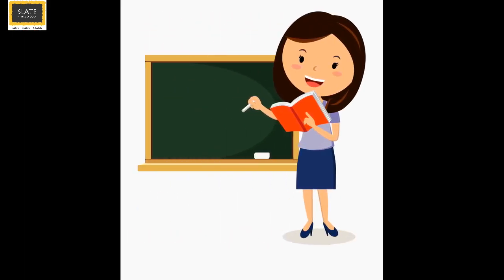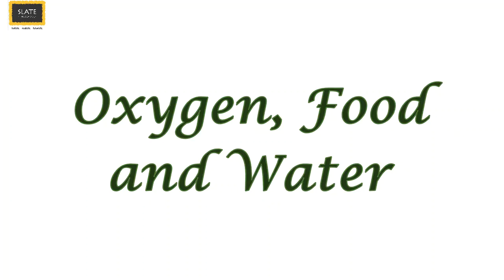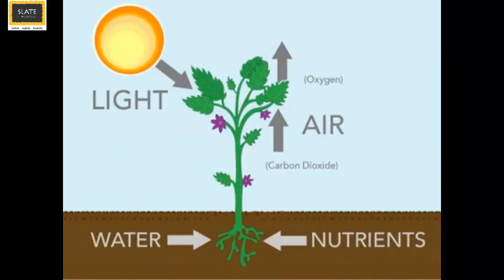Now tell me, Slaters, what do we need to live? Correct. We need oxygen, food and water. In a similar way, plants also need food and water to grow. They get this from the soil.